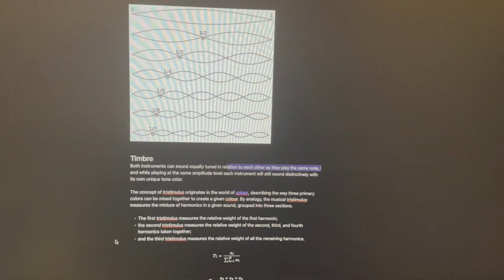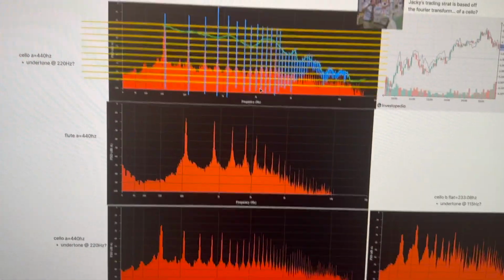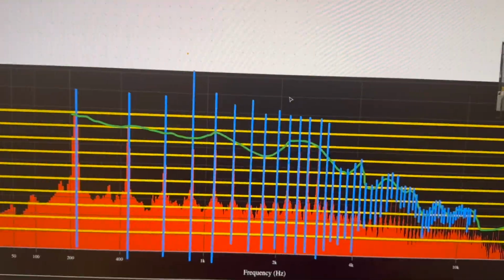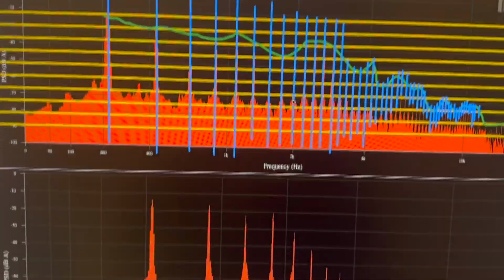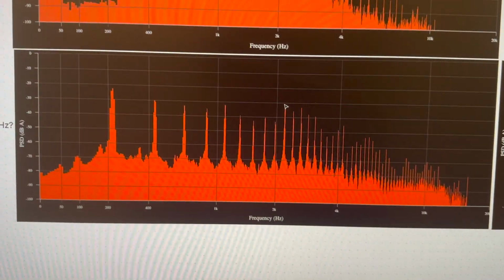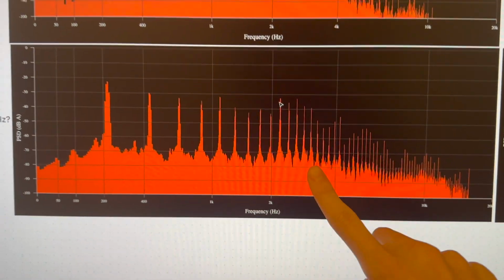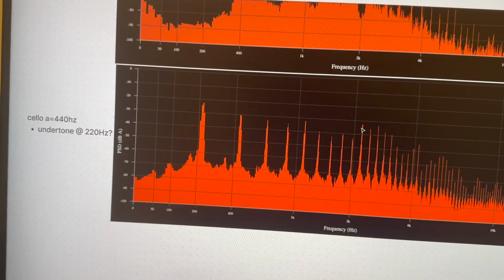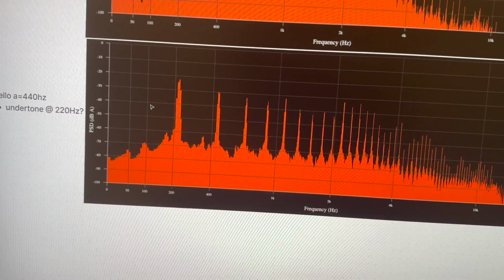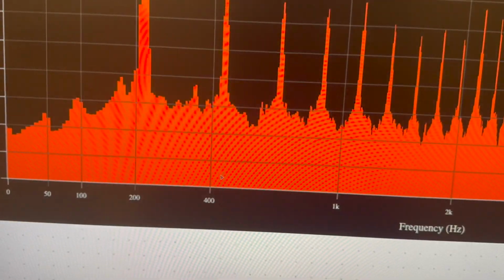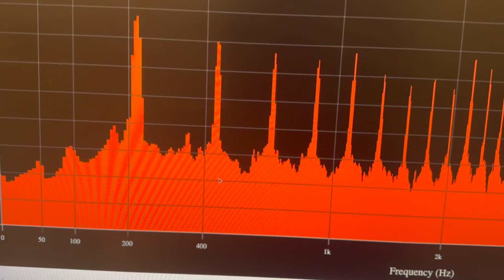So the fun thing that we did is we took the sound of a cello and did a Fourier transform on it to move the sound into the frequency domain. This is a cello playing the A note, tuned to 440 hertz. You'll see the main fundamental frequency is at 440 hertz roughly right here.